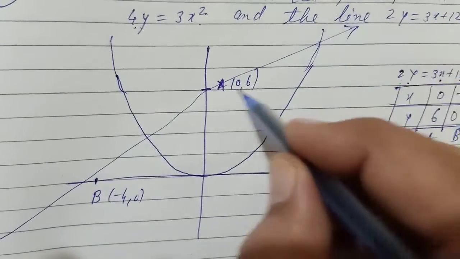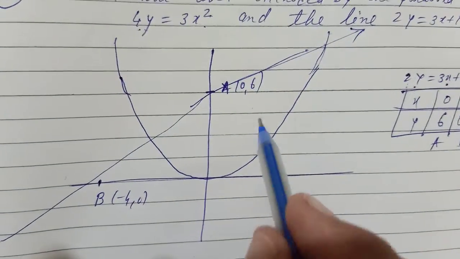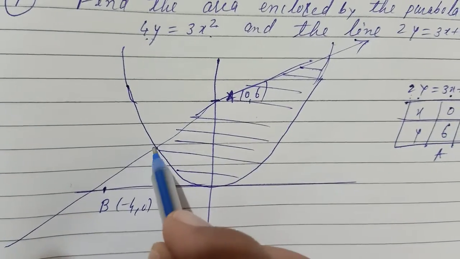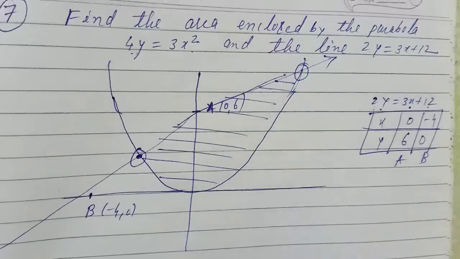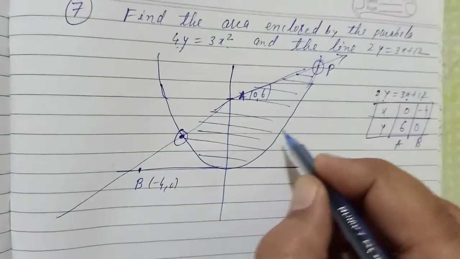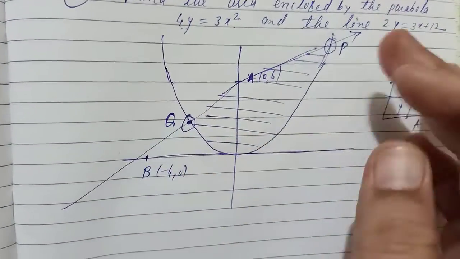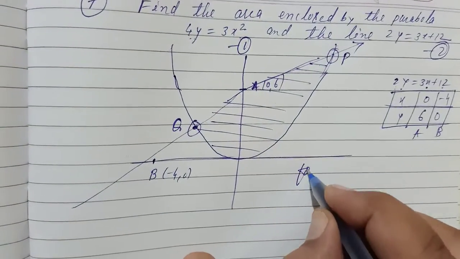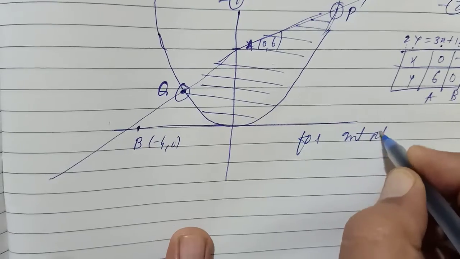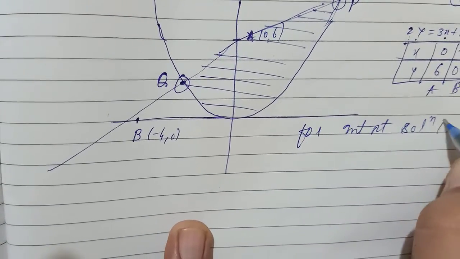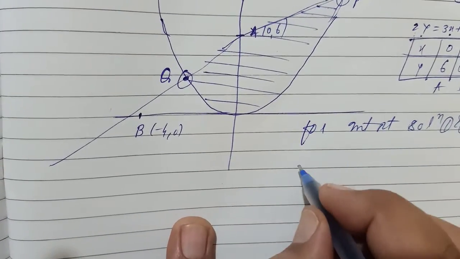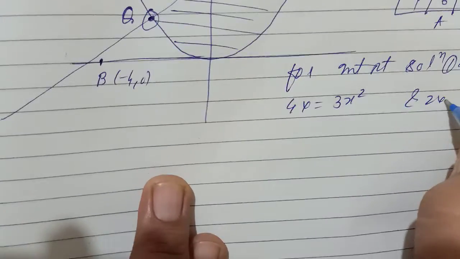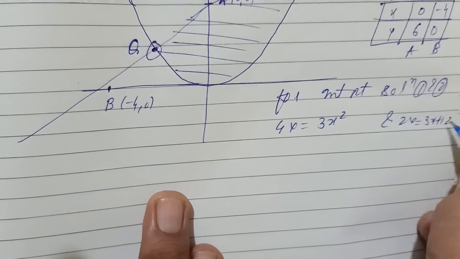You have to find this area bounded by the curves. Again, these intersecting points are required. How will you get intersecting points? P, Q, solving equation 1 and 2 for intersecting point: 4y equal to 3x square and 2y equal to 3x plus 12.